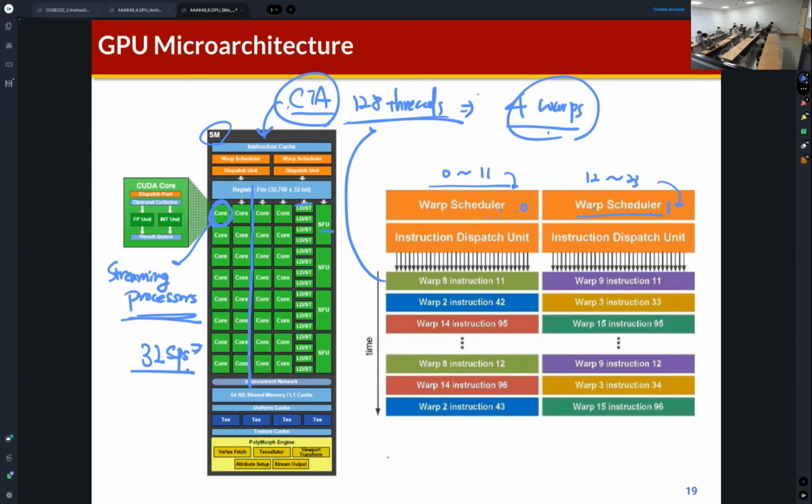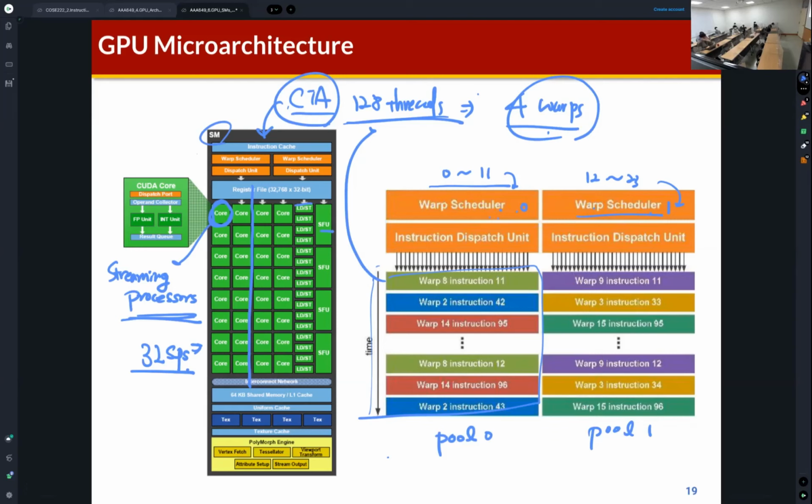We also learned about fine-grained multi-threading in the previous class. So what does that mean? This is a warp pool. Because there are 2 warp schedulers, there are 2 warp pools, warp pool 0 and warp pool 1.